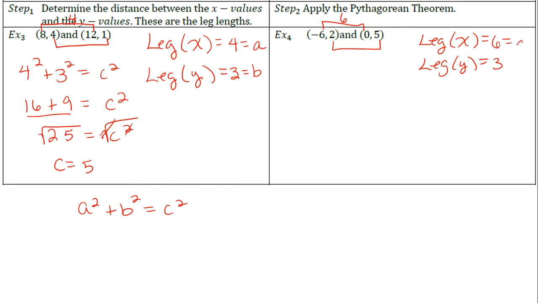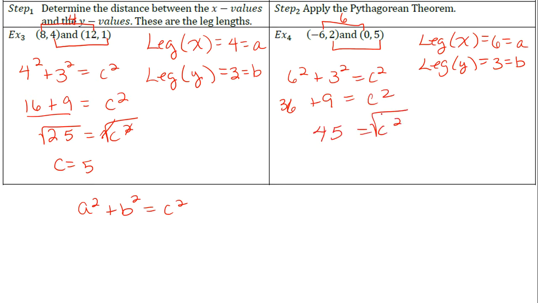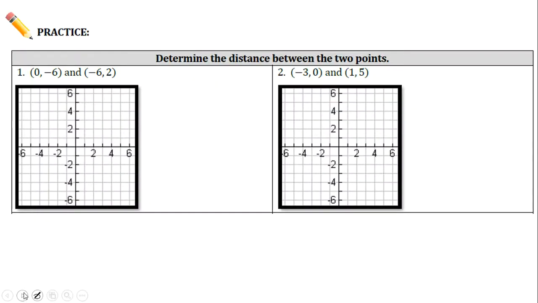So we'll let 6 be A and 3 be B. We have 6 squared plus 3 squared is equal to C squared. That is 36 plus 9 gives us C squared. 45 equals C squared. Take the square root of both sides. And the distance is about, use our calculator, about 6.7 units. Now you guys try these.